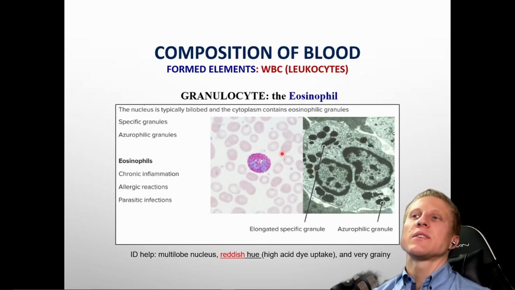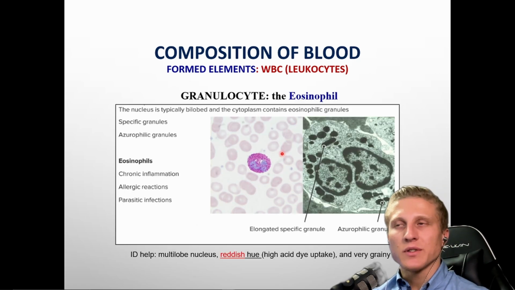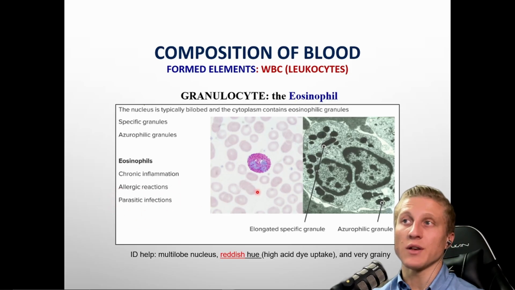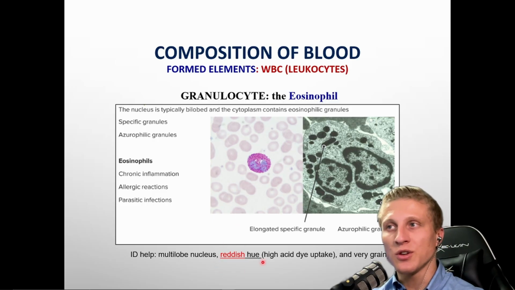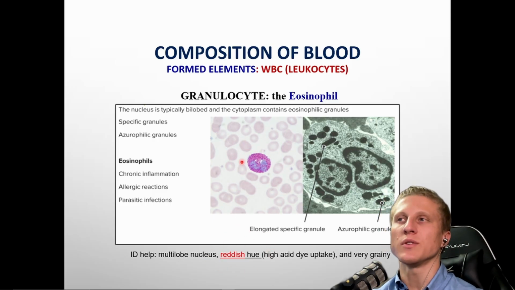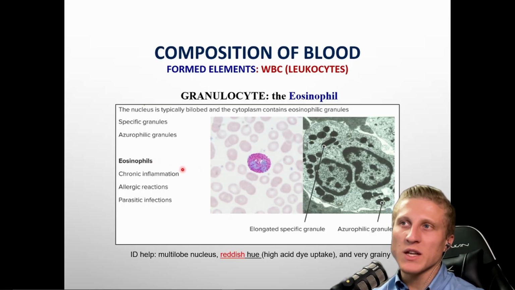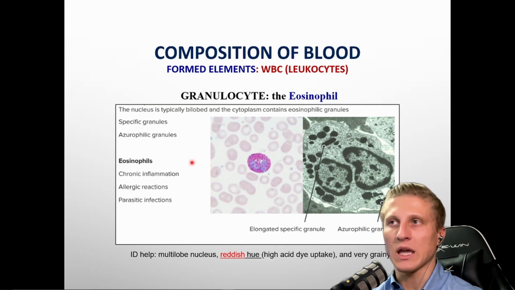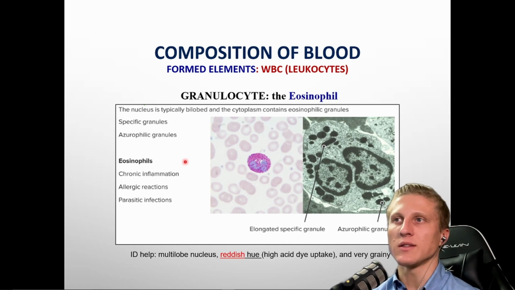All right, next in our granulocytes, we have our eosinophils. The take-home message for these guys is eosinophils are very effective at fighting parasitic infections. They're relatively large cells. They're going to have very much a reddish hue, as we can see right here. Okay, they have a reddish hue, and they're going to have very clear granules in their cell cytoplasm. Those are going to be our eosinophils. It also mentions here that they're involved with chronic inflammation and allergic reactions. So, like if you touch poison ivy, eosinophils and basophils might freak out and release histamine and cytokines and that sort of stuff.